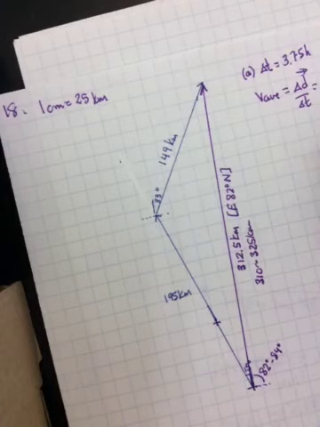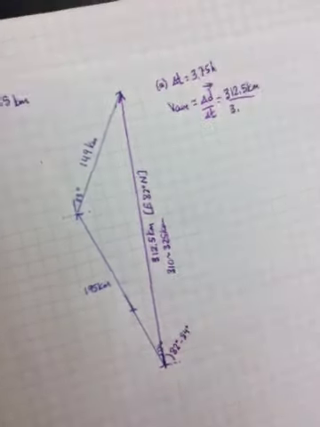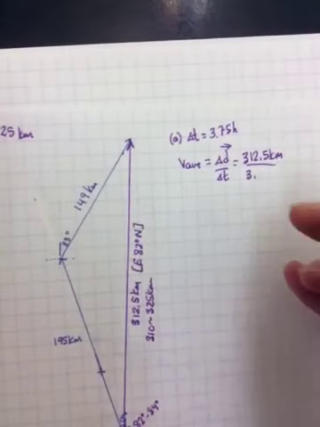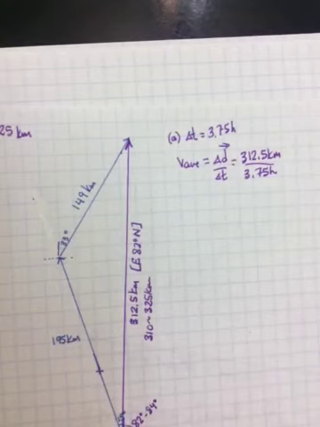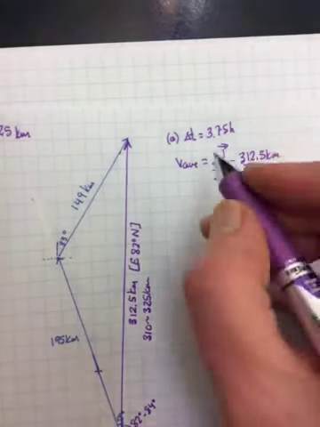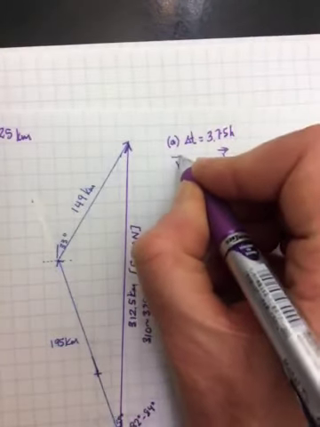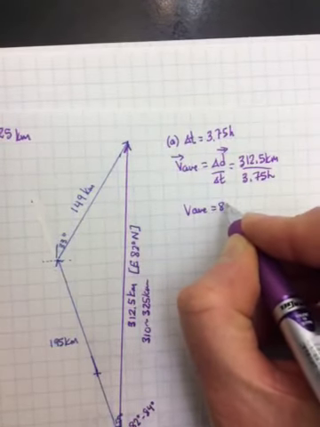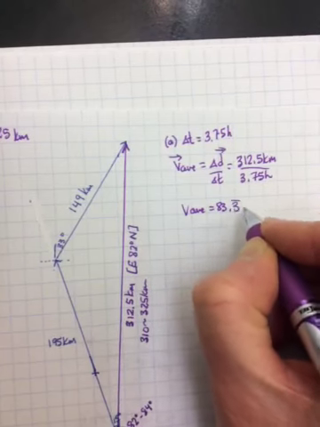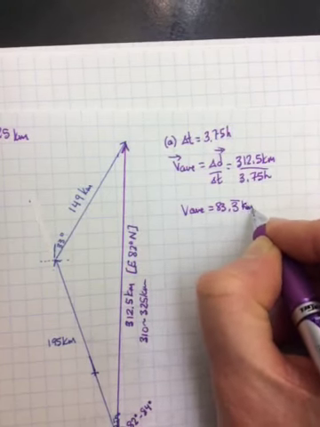For you, whatever you got when you measured the length of your resultant there. Divide it by the 3.75 that they gave us in the question. And so I get my average velocity to be 83.3 repeating kilometers per hour.